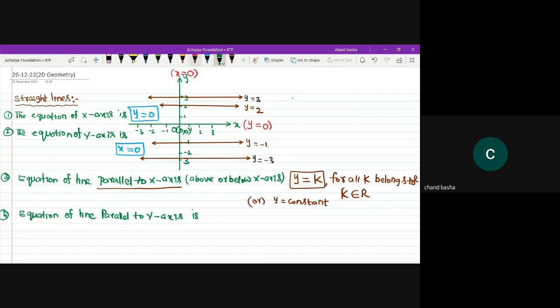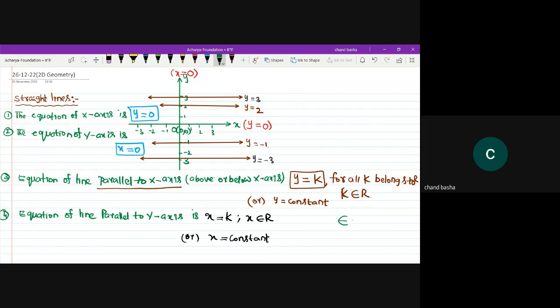Can we take x is equal to constant? So x equals k, or x equals constant. x belongs to the real number system, or x is equal to constant. These symbols I gave you in the first class itself, at the time of your foundation, but once again, I'll write the symbol.